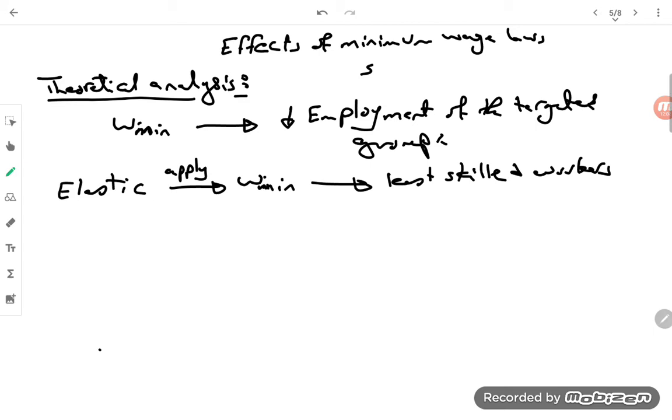Why? Elastic demand means that percentage change in employment is greater than percentage change in wage rate.